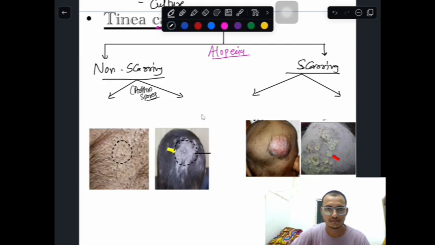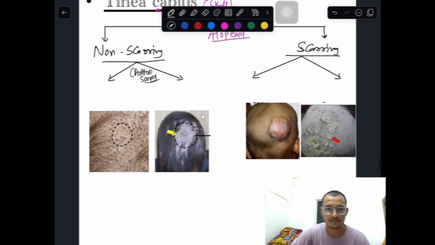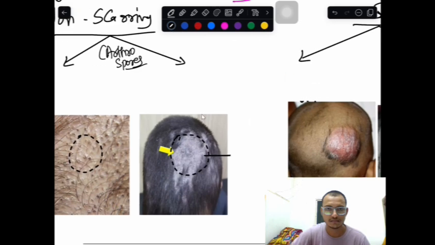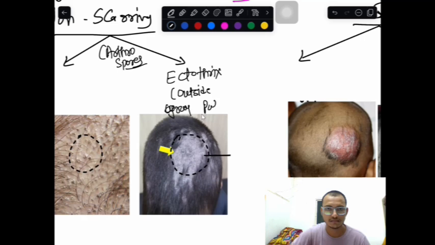If they are inside, we will call it endothrix, and ectothrix means outer side. If we see these are the outer side area, gray patch, so we will call it ectothrix, meaning outside, gray patch.